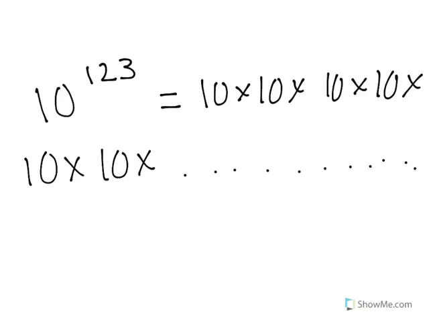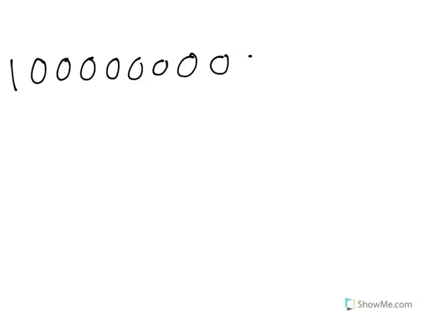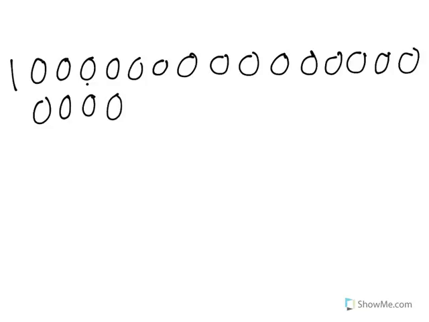Or we could think of it as 1 with 123 zeros behind it, which would be a really, really big number. Let's see, I have 3, 6, 9, 12, 15 right here. So if I were to write 123 zeros, I would most likely fill up this whole entire page.